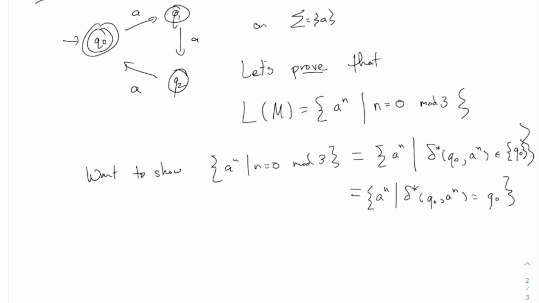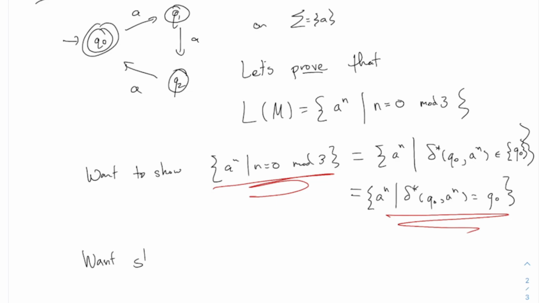What we have here is we need to show that this set over here and this set down here are equal to each other. And that's actually the same as just showing that the thing to the right of the bar each time is equivalent. So it's enough to show, again, that n ≡ 0 mod 3 if and only if δ*(q0, a^n) = q0.